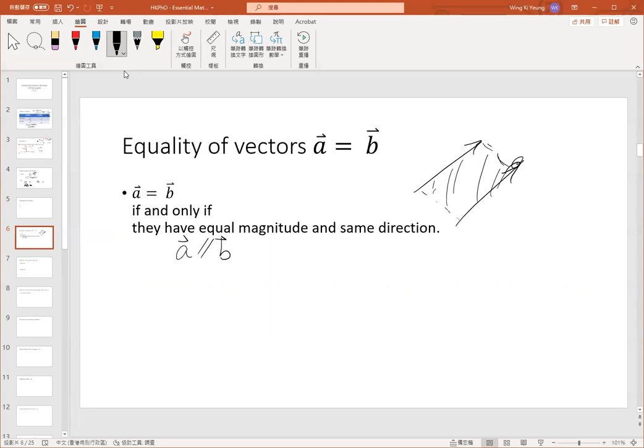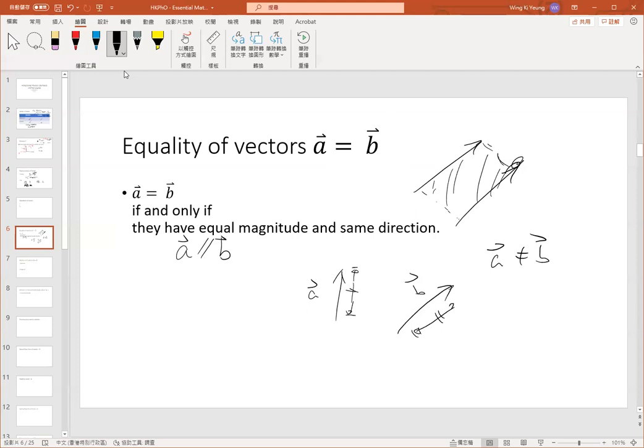So if the two vectors have the same magnitude but they have different directions, then these two are not equal to each other, because they point to different directions.